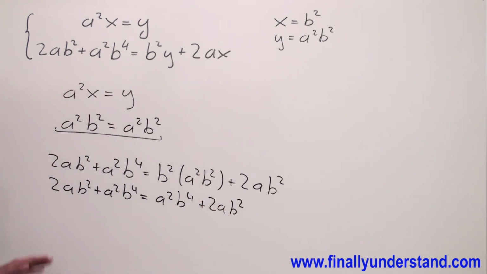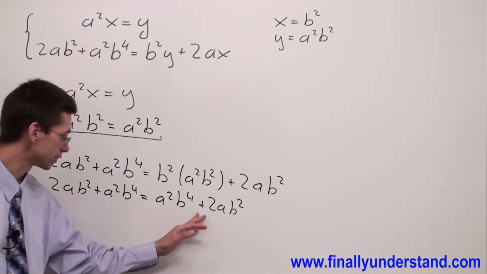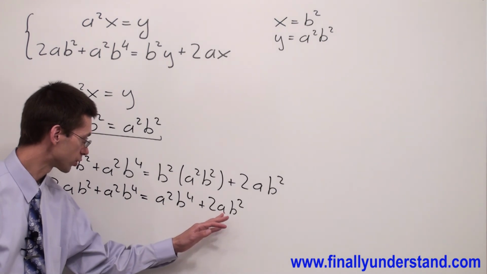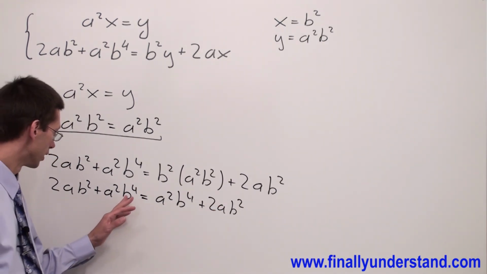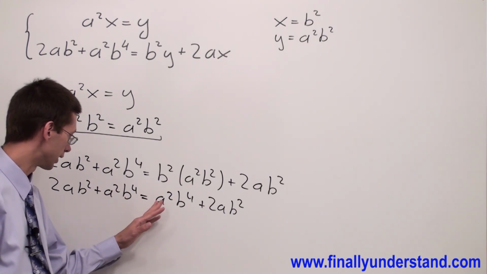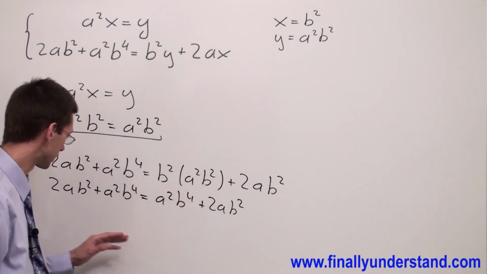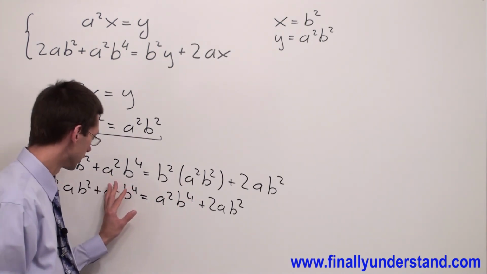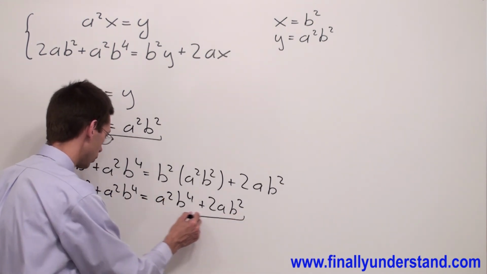So let's take a look at the left side. We have 2ab squared positive, and we have positive 2ab squared also on the right side, and on the left side we have a squared b to the fourth, and on the right side I have a squared b to the fourth. So we can say that the left side of the equation is equal to the right side of the equation.